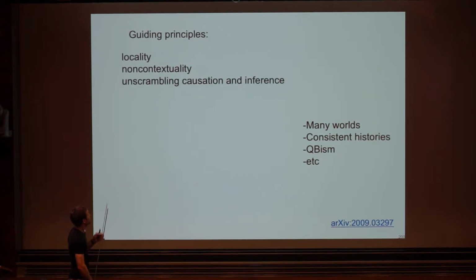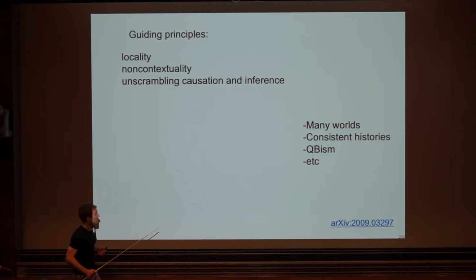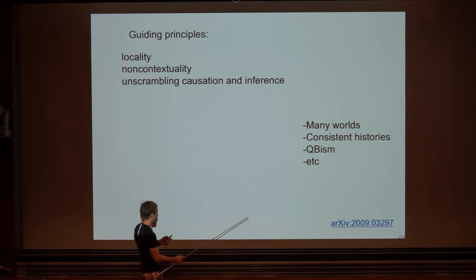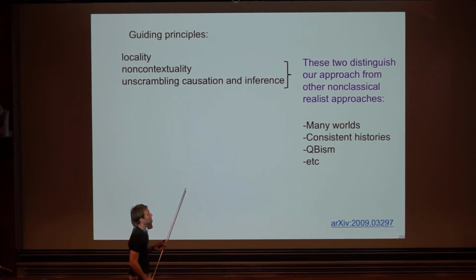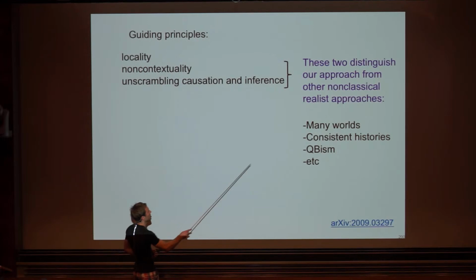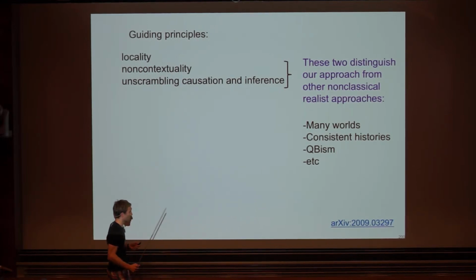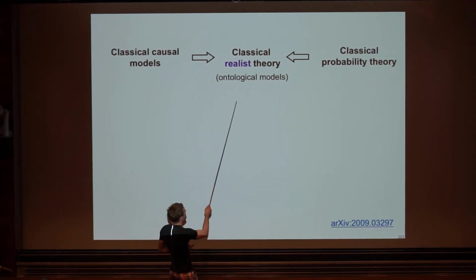And we're also motivated to unscramble causation and inference. This is something I don't really have time to get into. It's in this paper again. But it's these two latter guiding principles which distinguish the approach that I'm about to tell you about from these other approaches to coming up with non-classical realist frameworks.